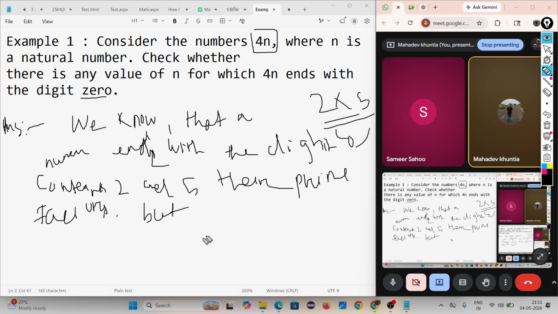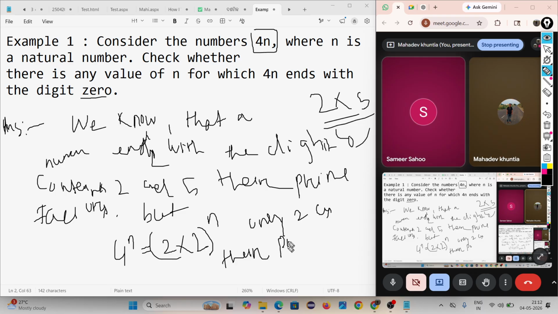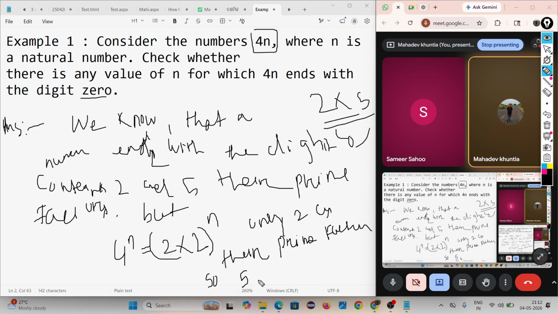But 4 raised to the power n, whose prime factorization is 2 into 2 raised to the power n, only has 2 as its prime factor. So 5 is missing in the factors. 5 is not available.